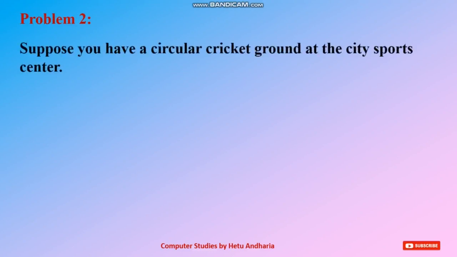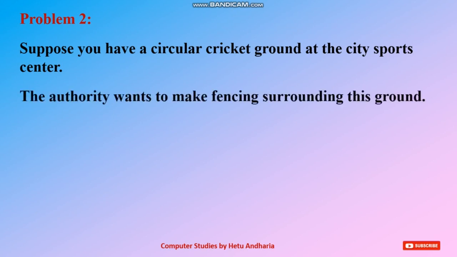Now today we are going to solve the second problem. Suppose you have a circular cricket ground at the city sports center. Remember, what is the shape of the ground? The shape of the cricket ground is circular. Now the authority wants to make fencing surrounding this ground.